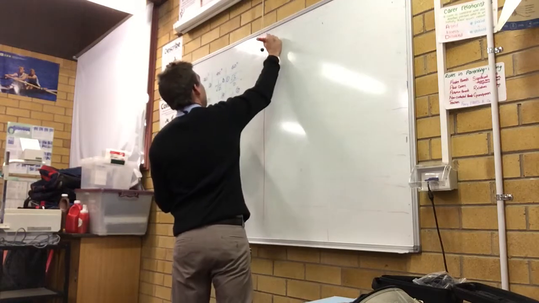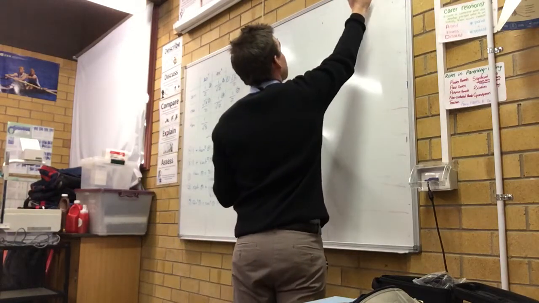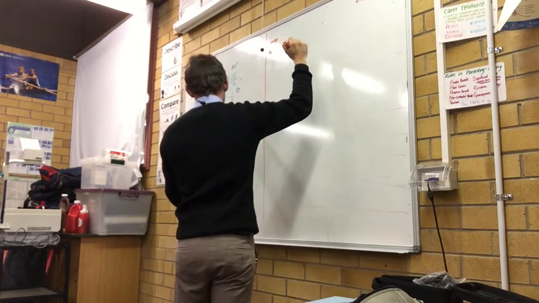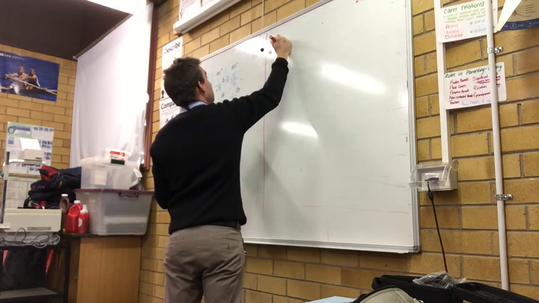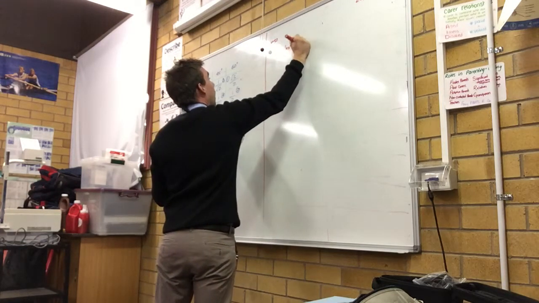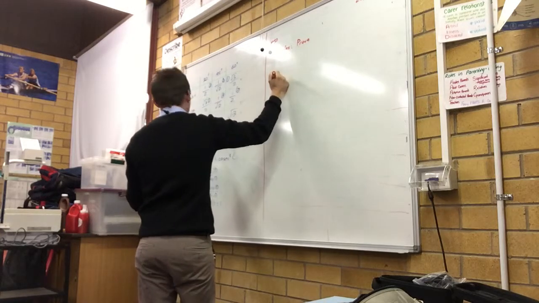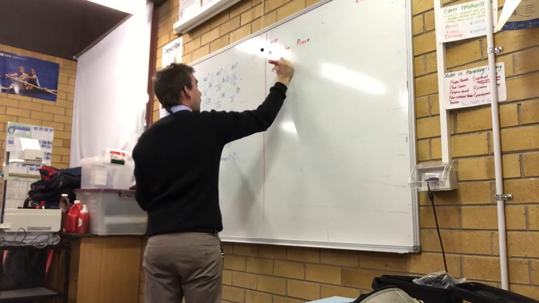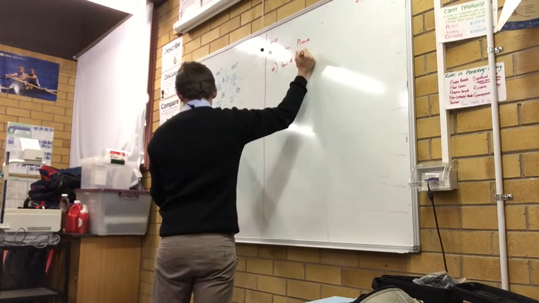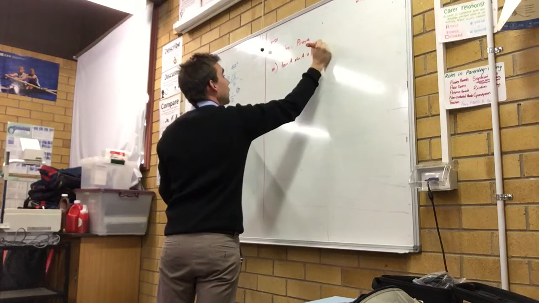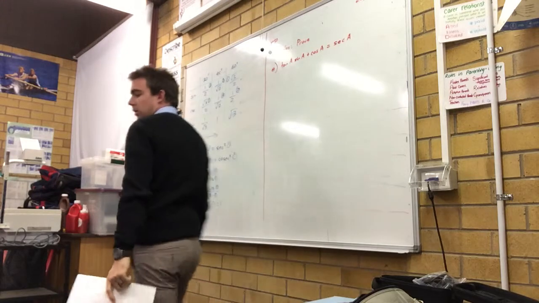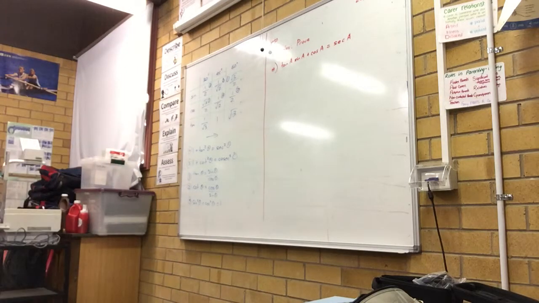On page 50, today is the 26th of the 5th, and we're up to example E. You're asked to prove: tan of the angle capital A times sine of the angle capital A plus cos of the angle capital A. We need to show that it's equal to sec of the angle capital A.